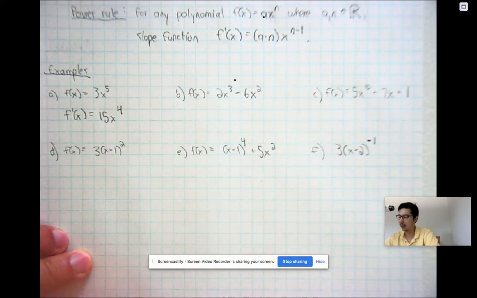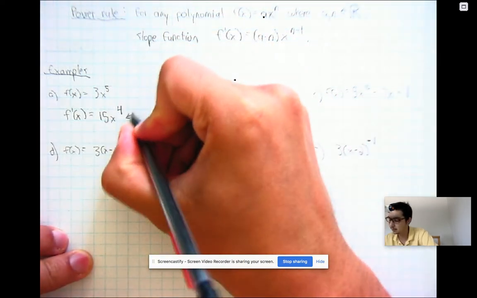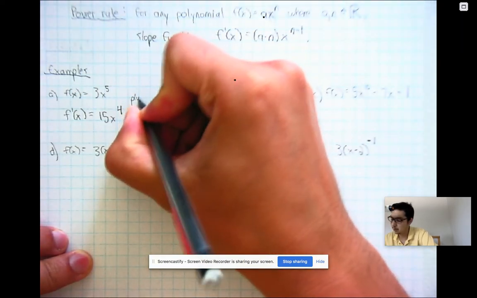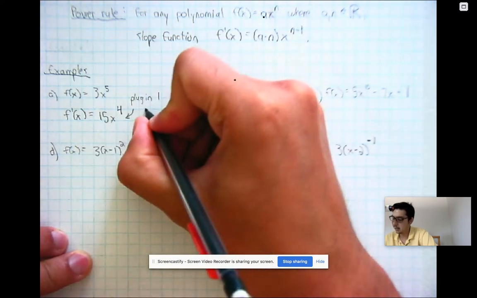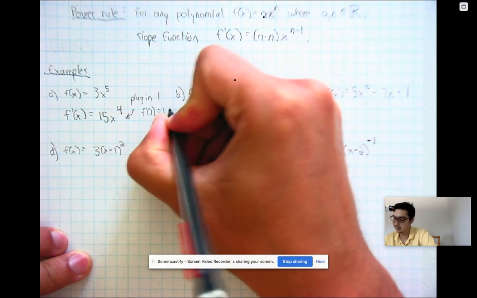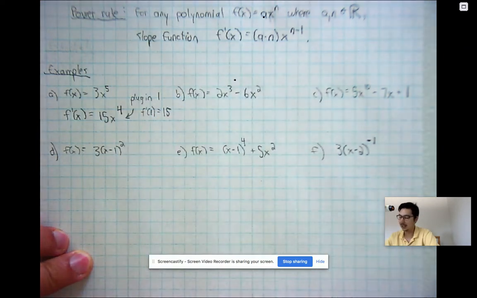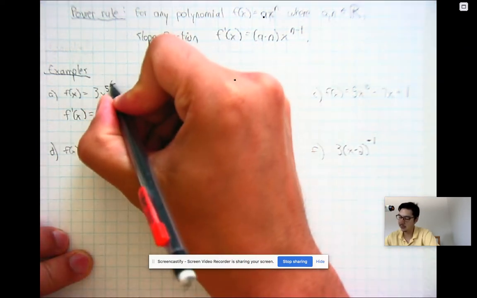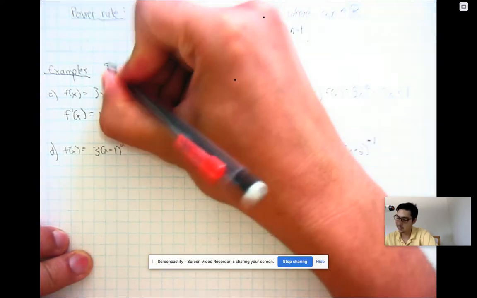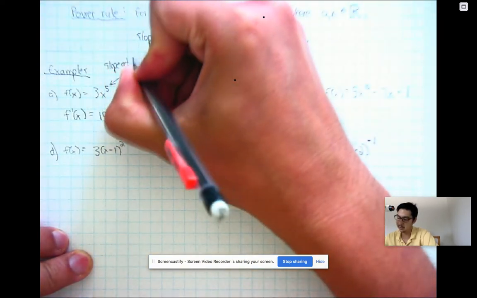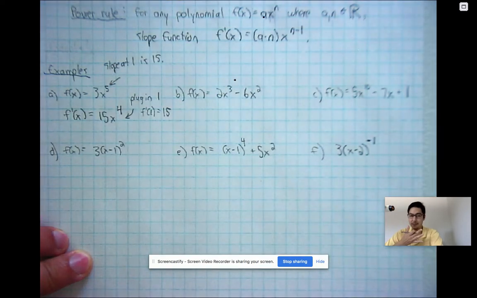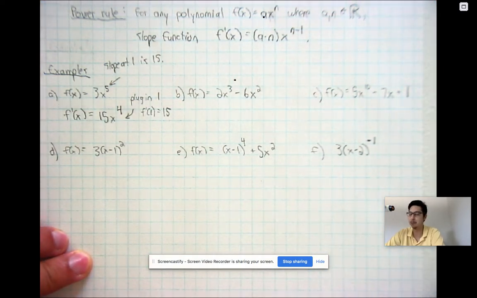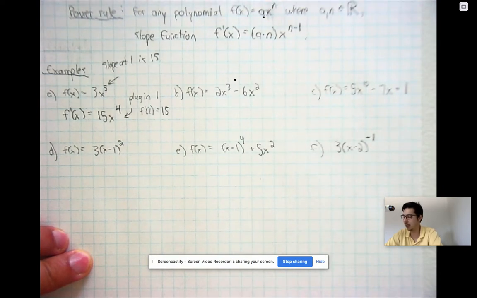As a reminder, if I plugged in 1, I would have f prime of 1 equals 15. And what that's saying is that on your original function f, the slope at 1 is 15. These slope functions are very helpful to us.